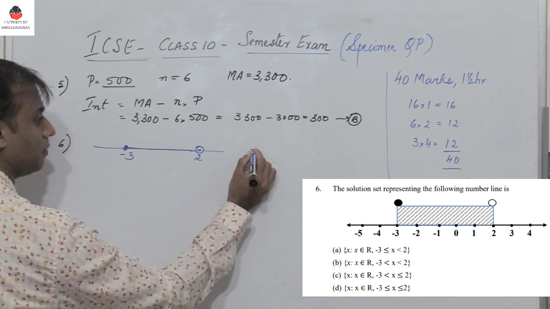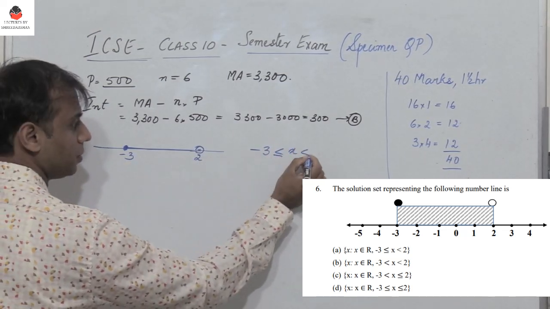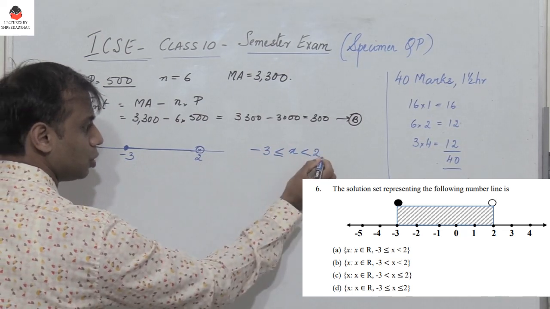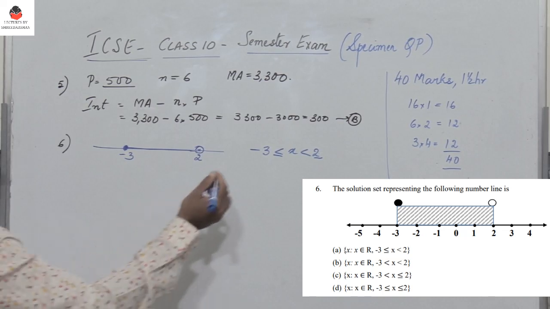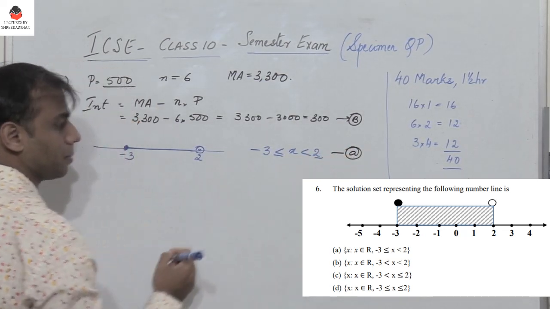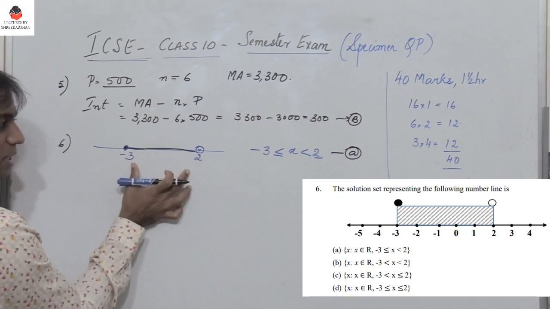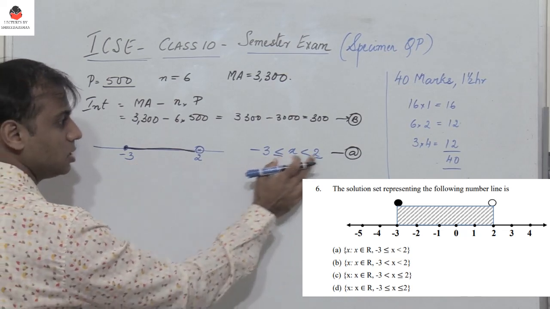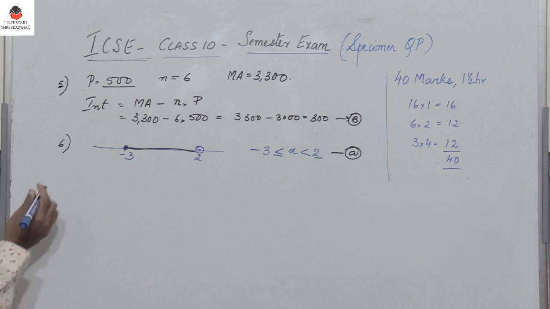So therefore x varies from minus 3 to a value less than 2. Right? So therefore, if you observe the right option, it is option A. So from minus 3 to a value less than 2 is what is being depicted here. So therefore the right option is option A. All the other options are wrong.